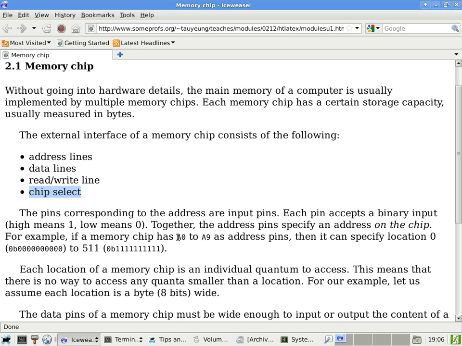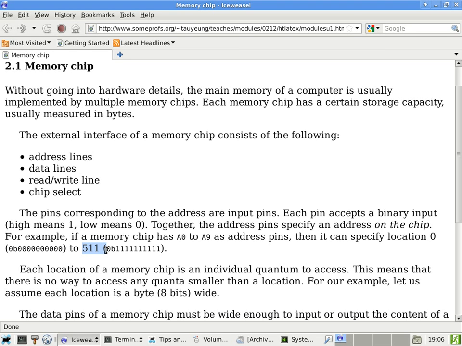If a memory chip has A0 to A9 as address pins, then it can specify locations 0 up to location 511 in decimal, or if you prefer the binary representation, I use 0B as a prefix for binary numbers. So it becomes 0B followed by 10 zeros, and the highest address will be 0B followed by 10 ones. Is that okay so far?